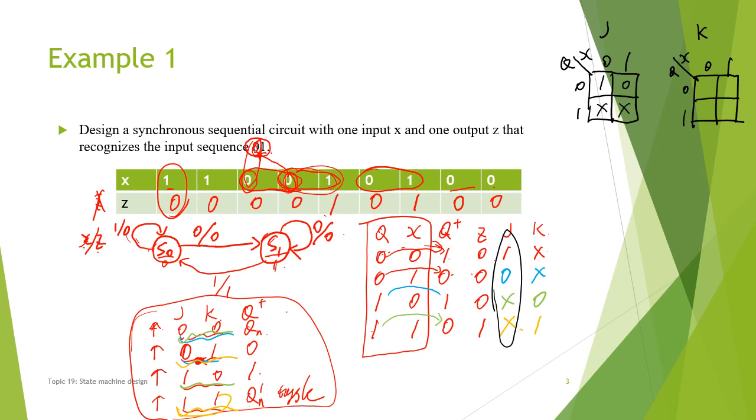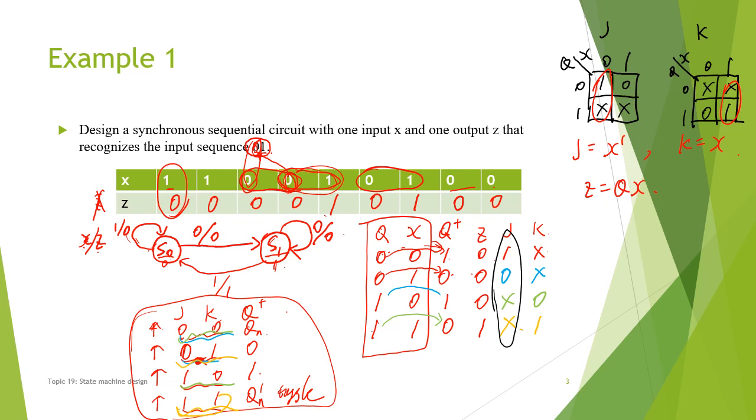For K, we have x x 0 1. Okay, so simplify this. We will get J equal to x prime and K equal to x, and z equal to q and x, right?